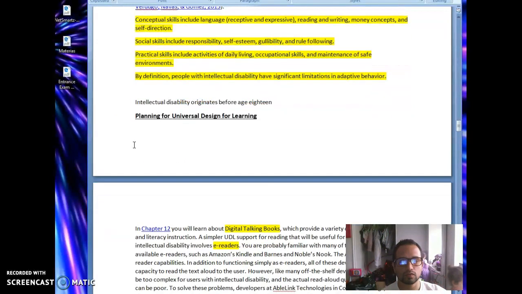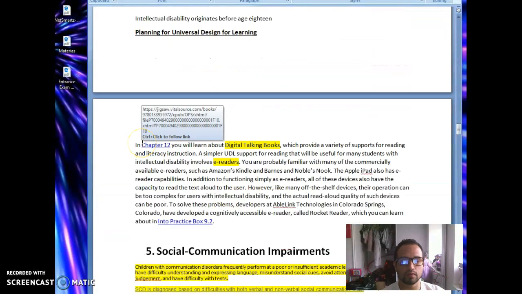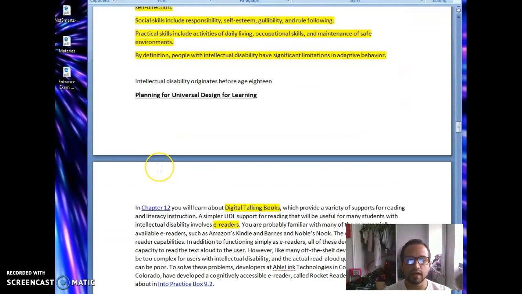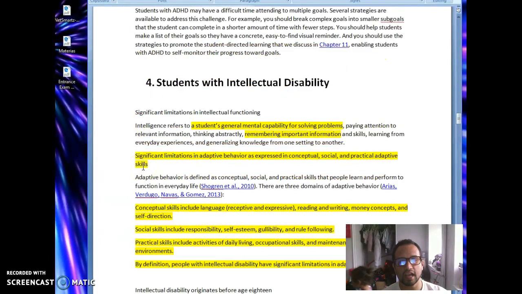The way we can help students with these problems is by using technology. E-readers, tablets, and iPads work very well, and basically what we're helping them with is to retain information, since they have processing problems.